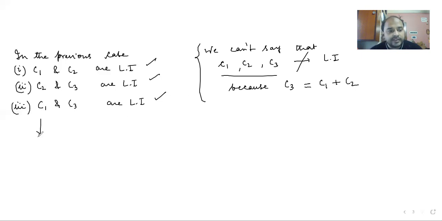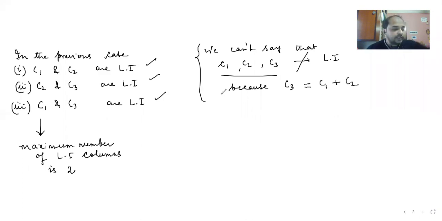Therefore, we say that the maximum number of linearly independent columns is 2 in the above matrix. Okay.